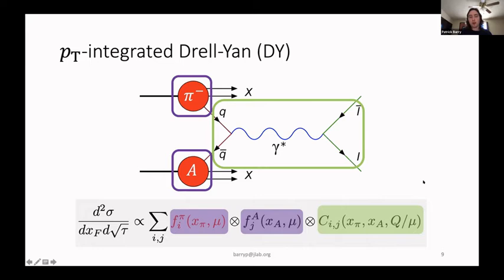And so if we have improvements on the green part, the hard cross sections, to our knowledge from QCD, then we can separate a little bit more from these purple PDFs and can learn a little bit more about the internal structure of those PDFs.